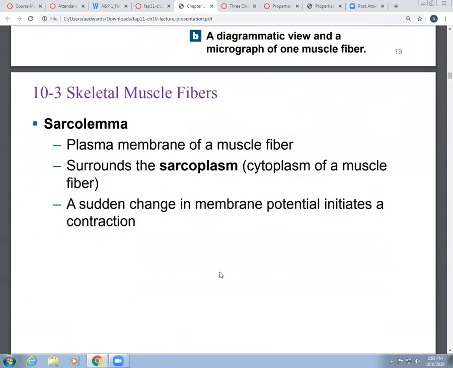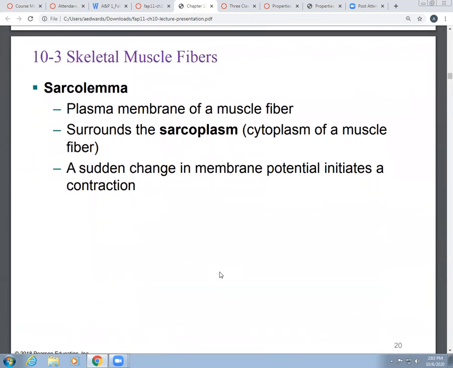All right, so lemma is sort of a root word that basically means plasma membrane. Sarco is another root word that means muscle. So you'll see myo a lot, and you'll see sarco a lot. So this is a plasma membrane of a muscle fiber.